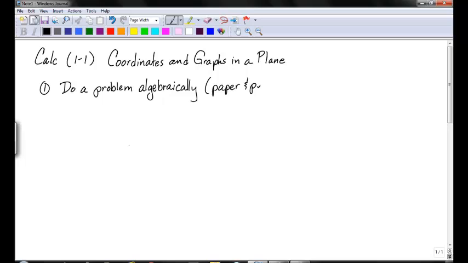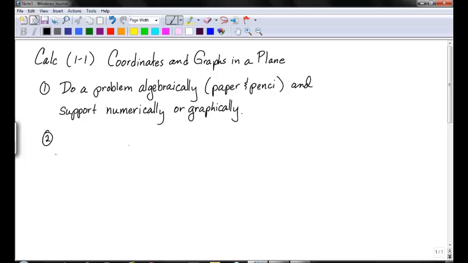That means work it out, paper and pencil, and support numerically or graphically. So that means you can do it on graph paper, you can do it on your calculator. Okay? So work it by hand first, paper and pencil, and then check it on your calculator.